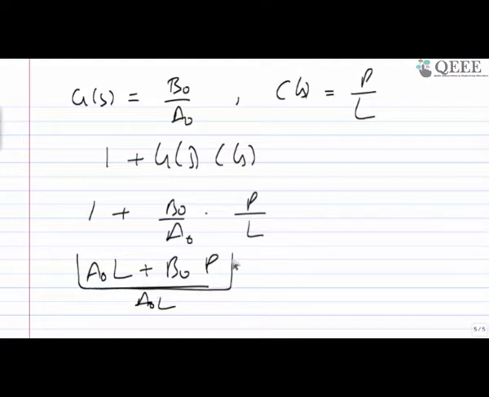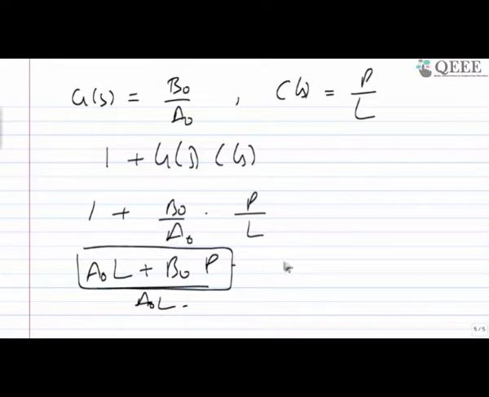This equation is called the characteristic equation, and basically this is a polynomial. Do you see the difference between a polynomial and a transfer function? A transfer function is a ratio of two polynomials. Here I have one polynomial, here I have another polynomial, and this polynomial is the denominator of those transfer functions.